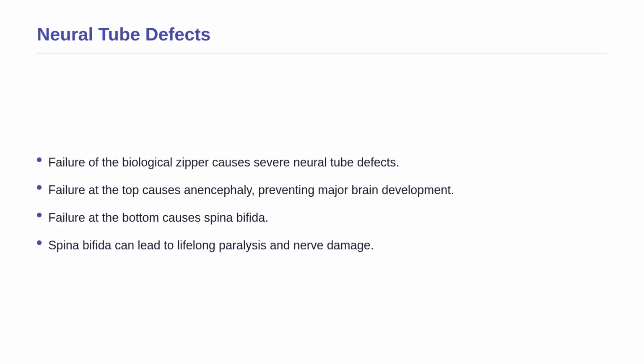For instance, if the tube fails to close at the top, near the head, it causes anencephaly, a condition where major parts of the brain simply do not develop. If it fails to close at the bottom, near the tail, it causes spina bifida, which can lead to lifelong paralysis and severe nerve damage.